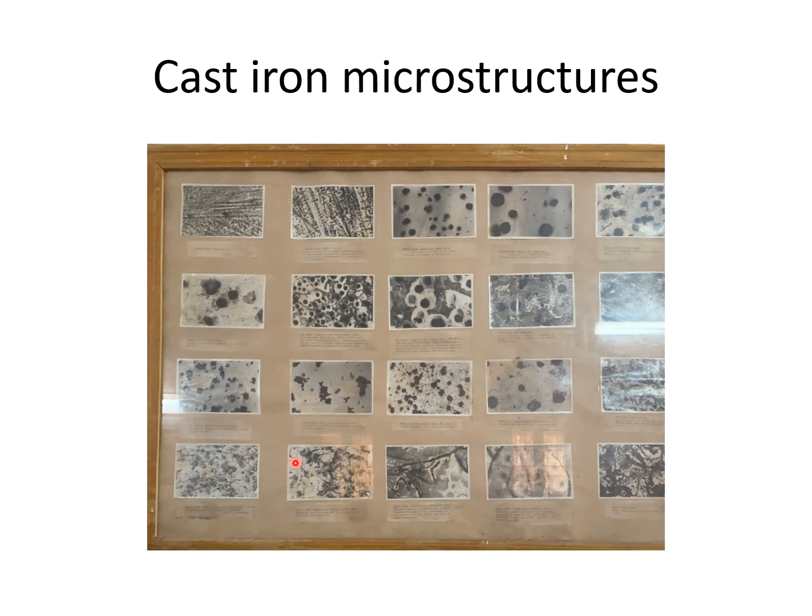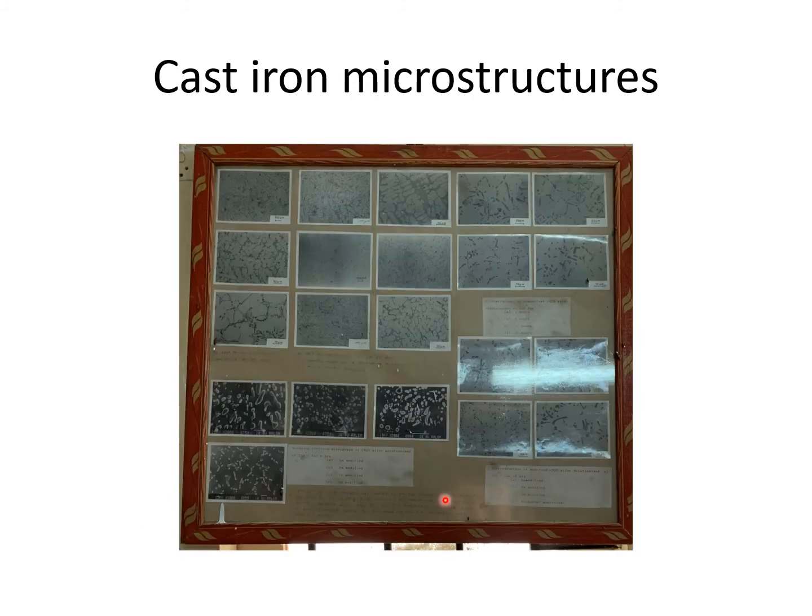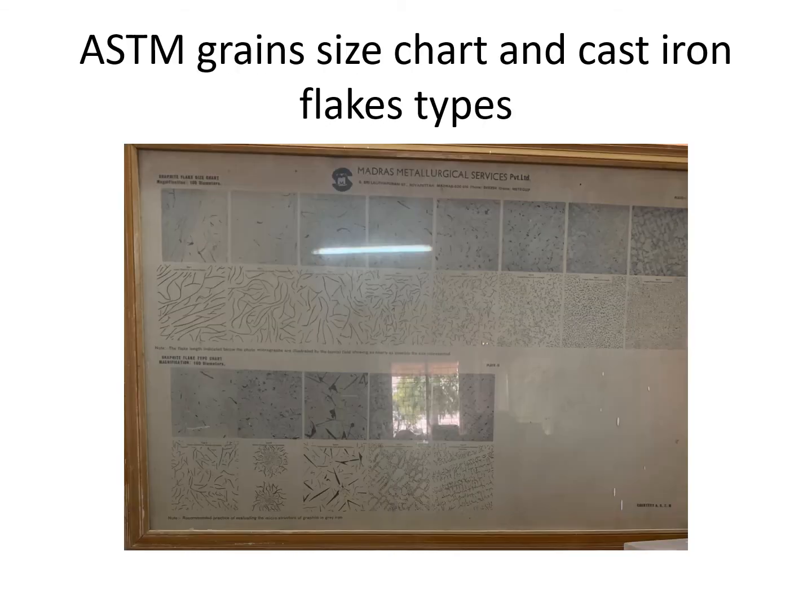These are some microstructure charts; a cast iron microstructure chart is kept in our lab. You can see the unetched condition cast iron microstructure and etched condition microstructures here. And these are the white cast iron microstructures given in the chart. And these are the ASTM grain sizes, and flake types of cast iron microstructures in this chart.